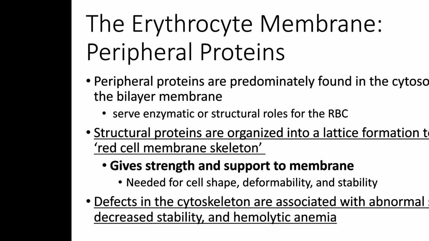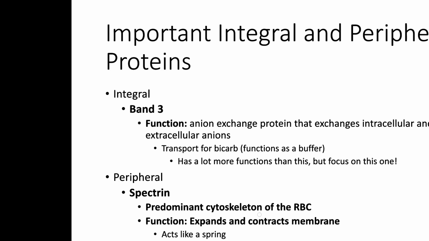It also plays a major role in its ability to twist and turn, called deformability, as well as stability. Any defects in the cytoskeleton are usually associated with some weird shape, decreased stability, and hemolytic anemia overall.